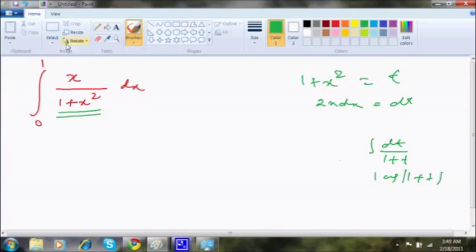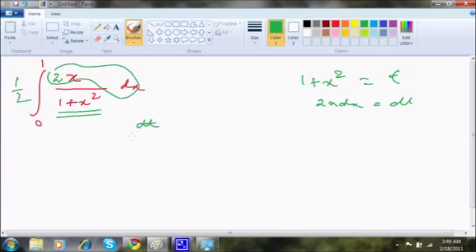You can make it out by yourself. But if I take 1 plus x² as t, then a 2 is required here, so this becomes dt by t.